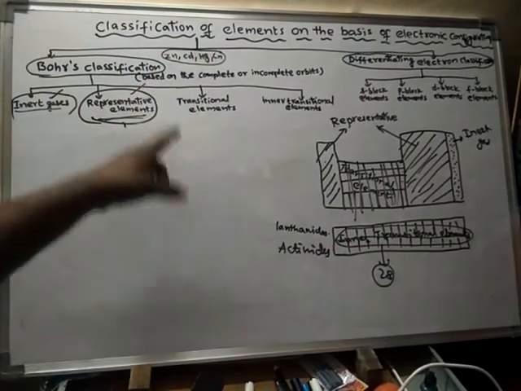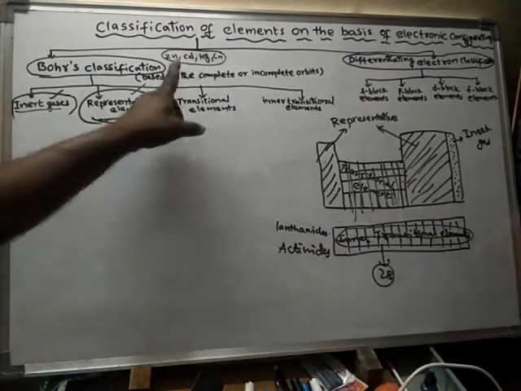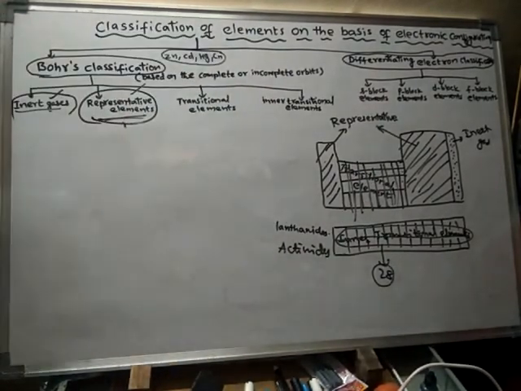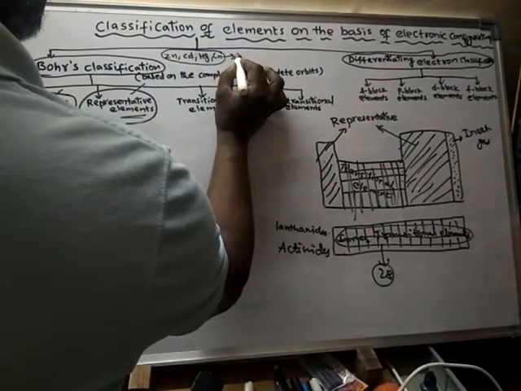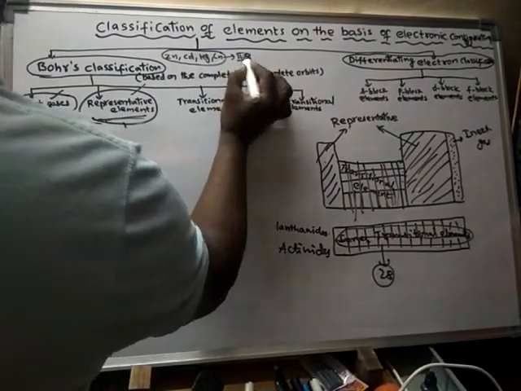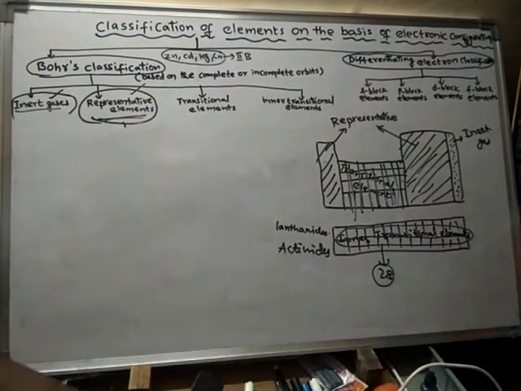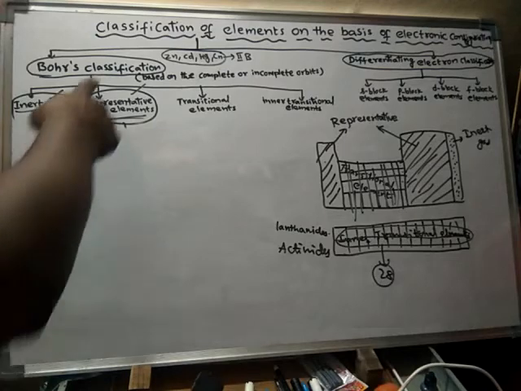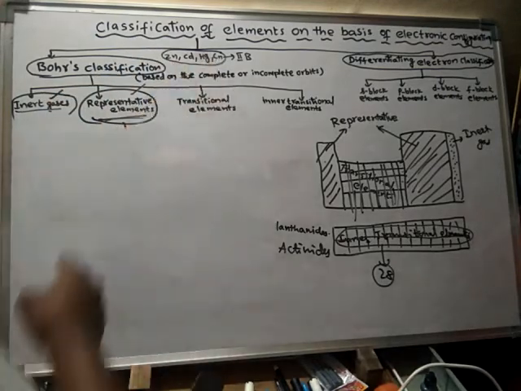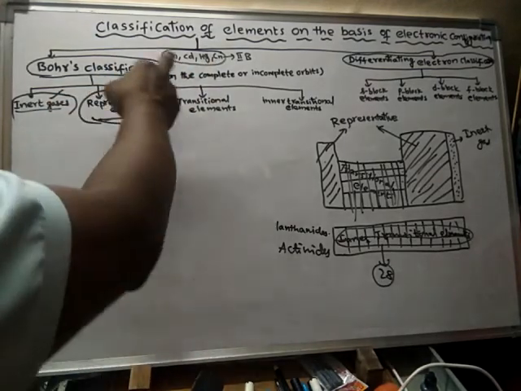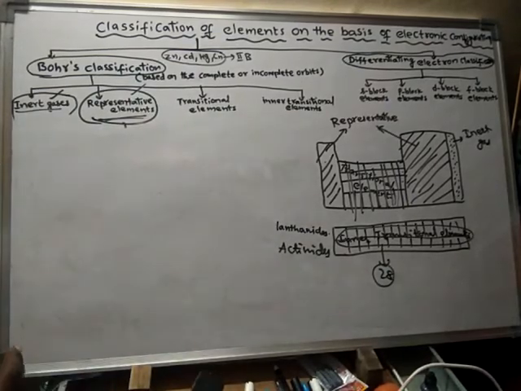This is important. Though zinc, cadmium, mercury and copernicium belong to group 2B, they are not included in any of these classes. That is the important point. In Bohr's classification, these elements were neglected. They were not included in any of these classes.